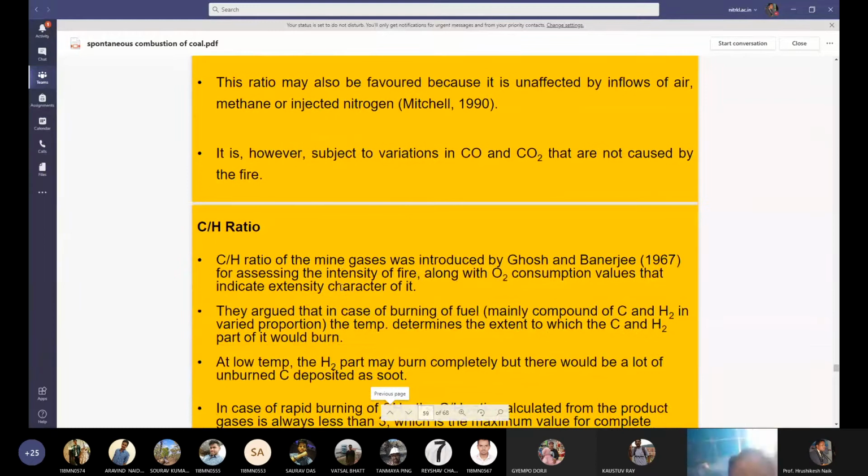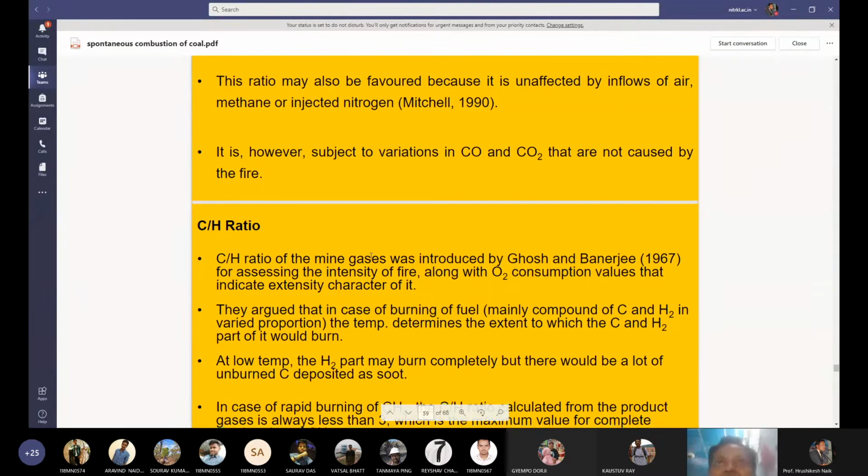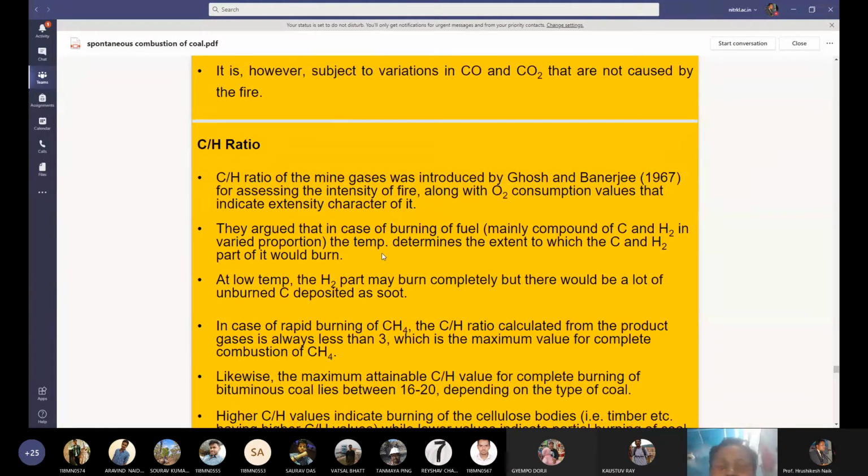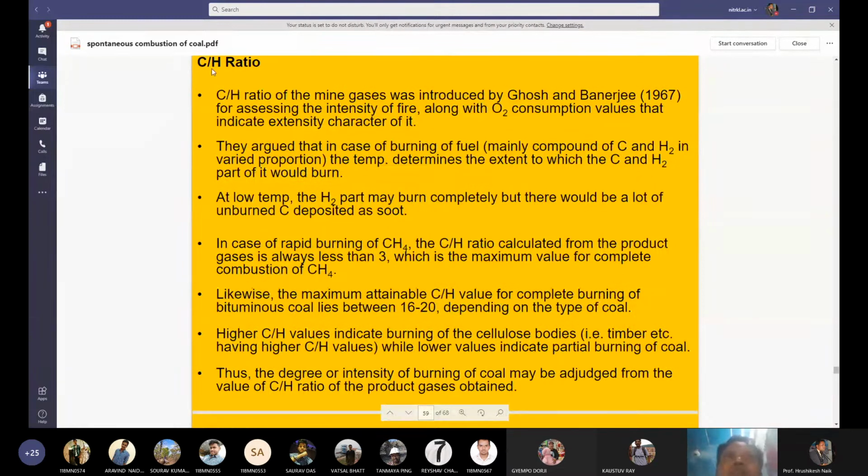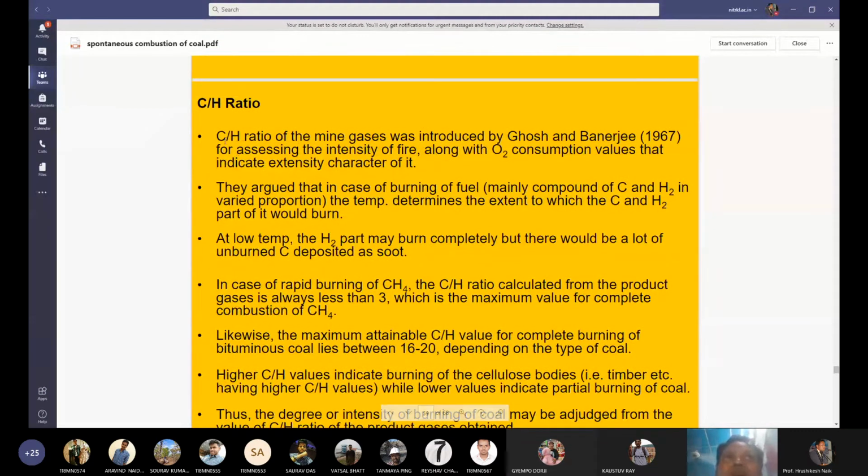And today we are going to discuss the C by H ratio. What is the C by H ratio? C is carbon and H is hydrogen, so this carbon by hydrogen ratio is called the C by H ratio.